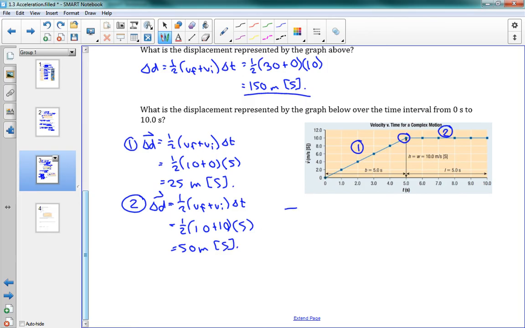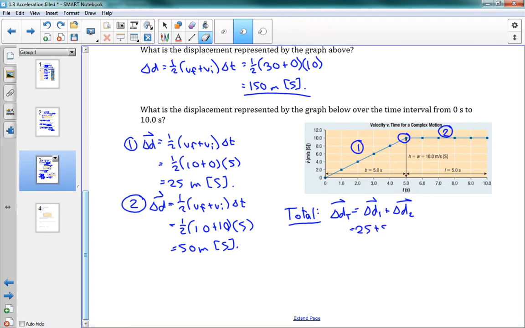And now if I want to get the total displacement, well, this just looks like the total displacement equals displacement 1 plus displacement 2. Oops, 25 plus 50.